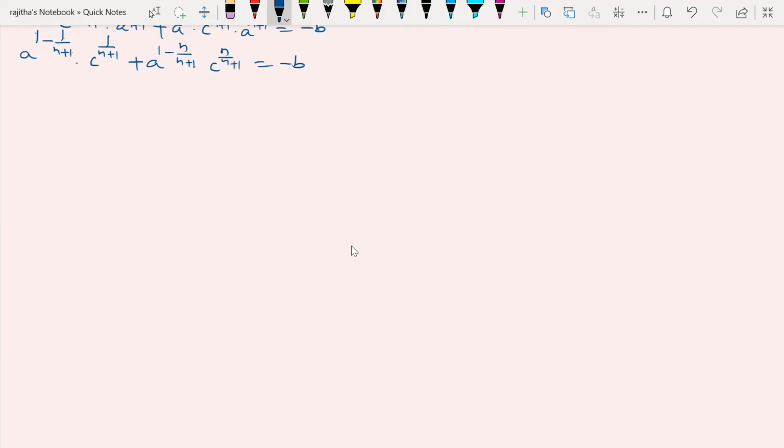Next, one of the conditions: if one root of the equation ax square plus bx plus c is equal to 0 is double the other.